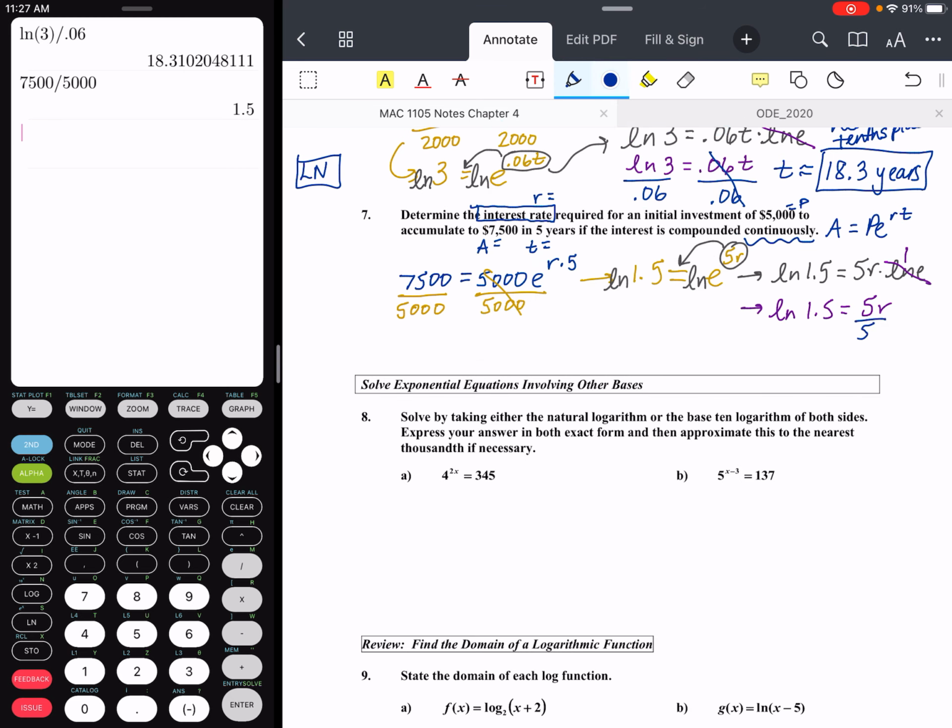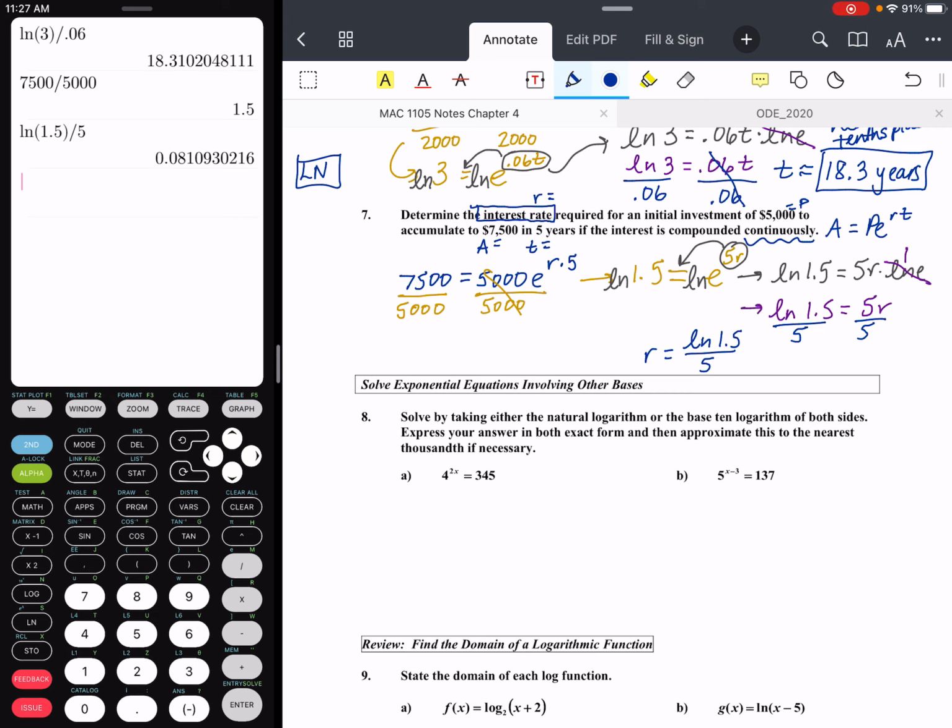Divide both sides by 5. So we have that our interest rate R equals natural log of 1.5 divided by 5. So let's crank that out in our calculator using the ln key. Natural log of 1.5, scoot out, divided by 5.